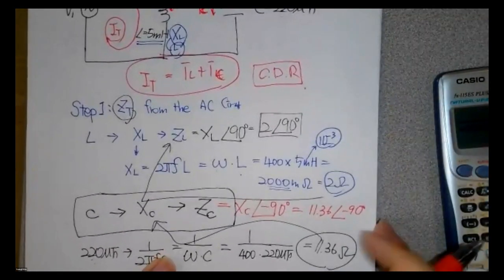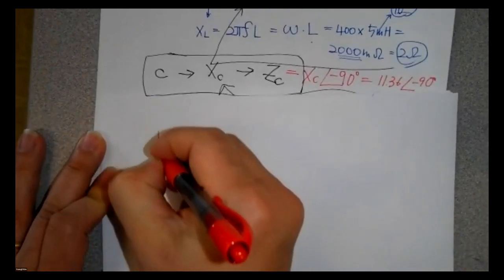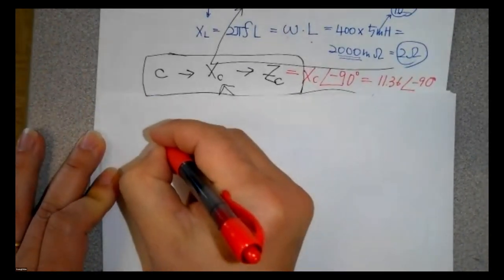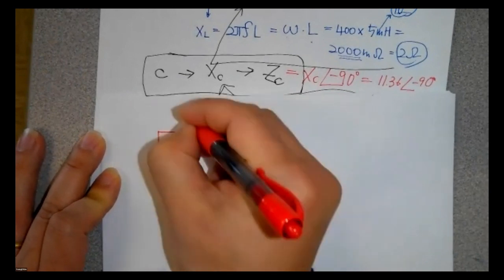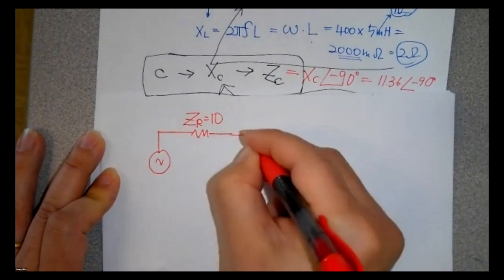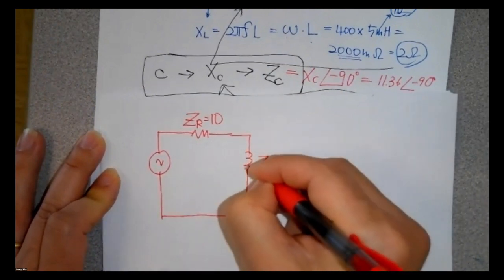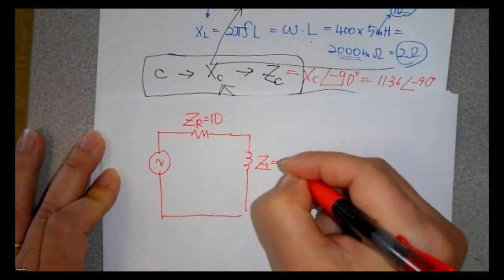So we can redraw the circuit from the previous calculation. Z sub R is 10, and Z sub L is what?